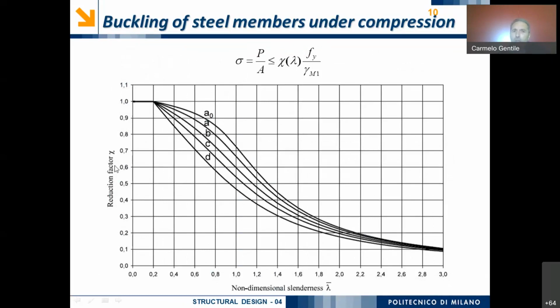So we can also talk in terms of sigma, the ratio between the actual axial force over the area of cross section, and when we have to verify the stability, we have to check that this value obtained by our computation should be less than chi, which is a function of lambda, because the critical load is basically a function only of lambda, times the value of the yield stress over a coefficient of safety.